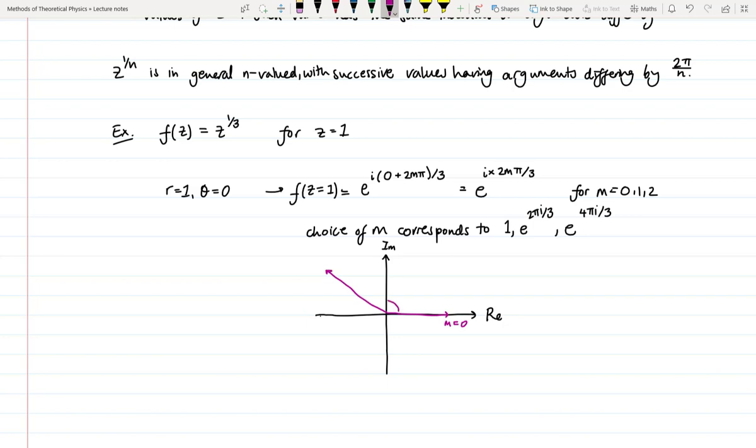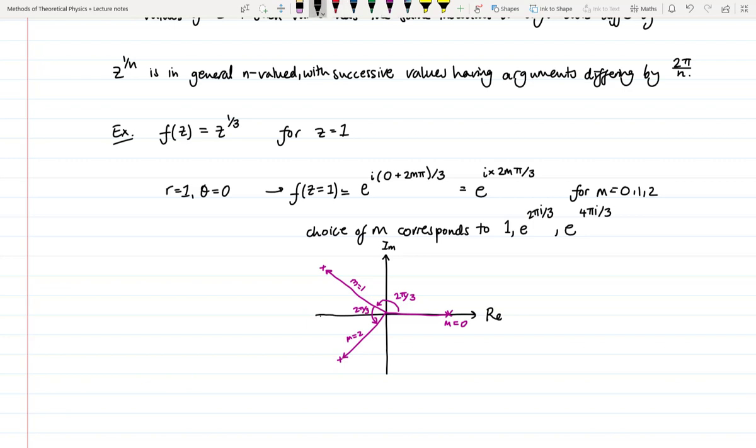So this angle here is 2 pi by 3. And this is m equals 1. And we also have m equals 2. And that's a further rotation of 2 pi by 3. These vectors should all be of unit length. I'll put the points in as well.